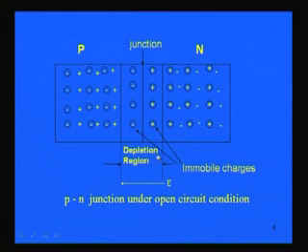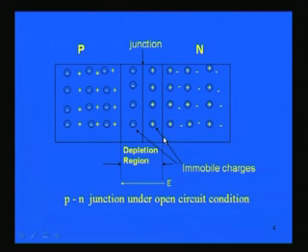So, this region is devoid of free carriers. Under open circuit condition, that means we are not connecting this p-n junction to any circuit, it is open circuited, we will have in the depletion region only immobile charges. These immobile charges form two layers: a negative charge layer on the left side, that means the p side, and a positive charge layer on the right side.